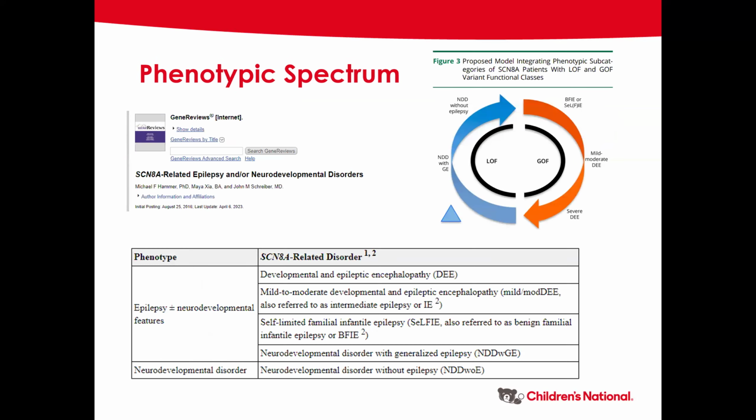Again, our thinking on the phenotypic spectrum has evolved some, and this is our article we published in GeneReviews last year. Again, this came from some work from the SCN8A registry. So we think that there are different phenotypes based on gain of function or loss of function. The loss of function phenotype is more neurodevelopmental disability, either with or without epilepsy.